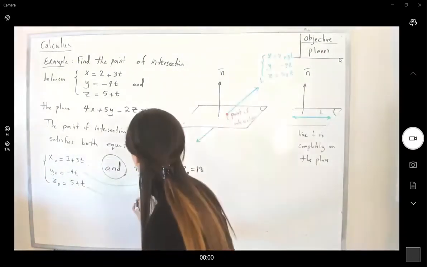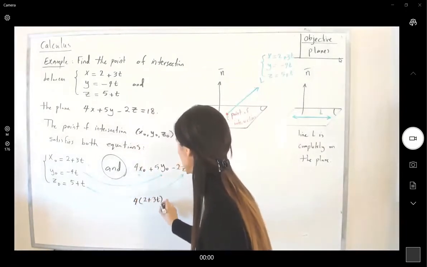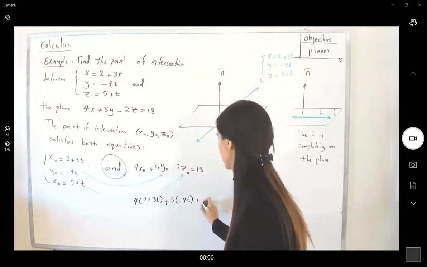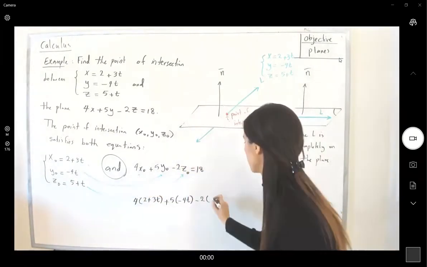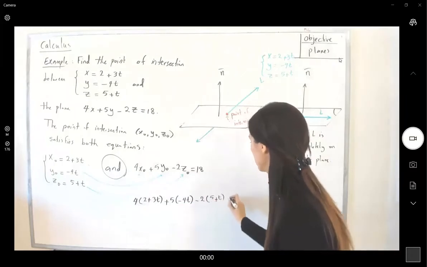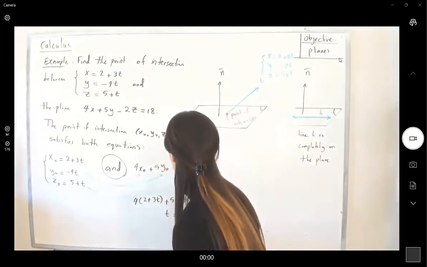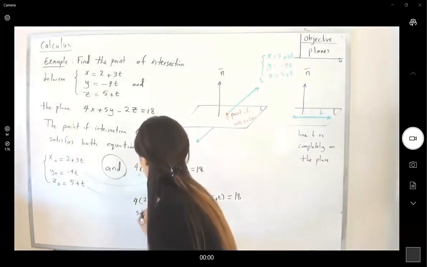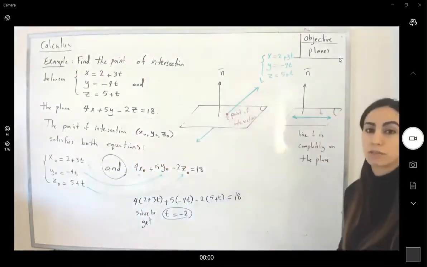So we have 4 times (2 plus 3t) plus 5 times (negative 40) plus, minus 2 times (5 plus t) equals 18. t is equal to minus 2.